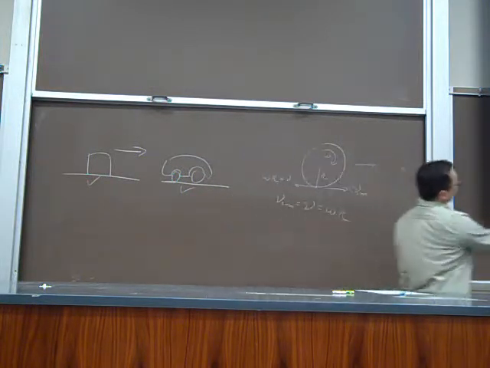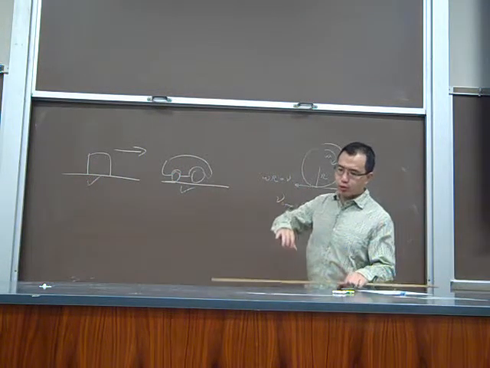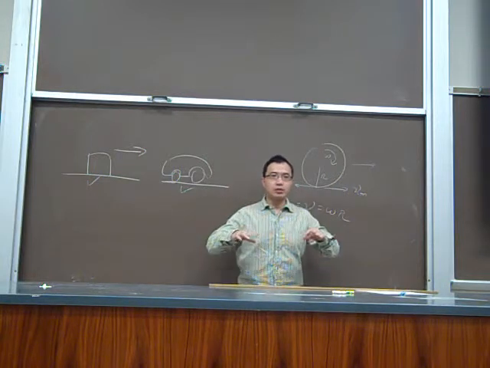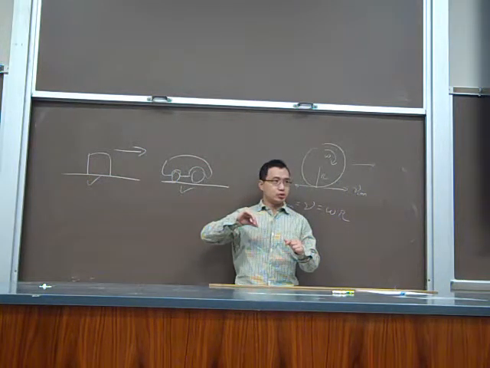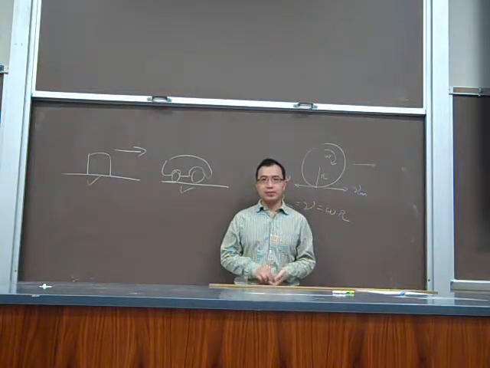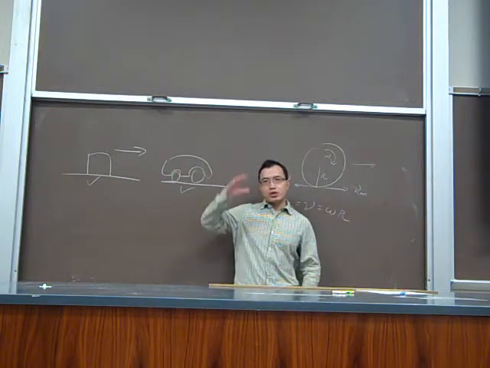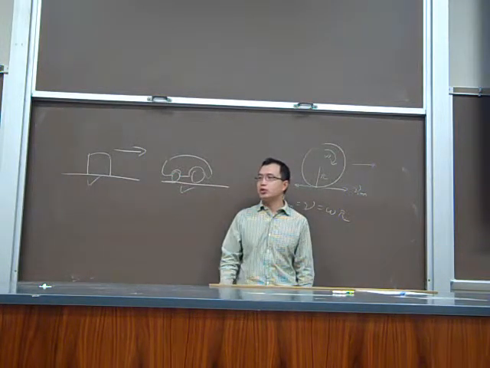So the so-called high temperature superconductor means that we have to cool the material down to some temperature to transform it into a superconductor. Of course, if the transition temperature is high, then it's easier to do this job.